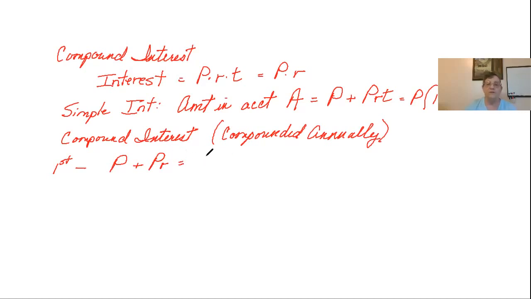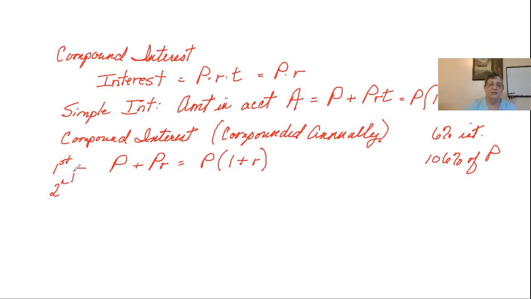So at the end of the first year, you've got your principal times 1 plus your rate. Basically, if you're getting, say, 6% interest, at the end of the first year, you have 106% of your principal, because you have 100% of your principal plus the 6% interest.